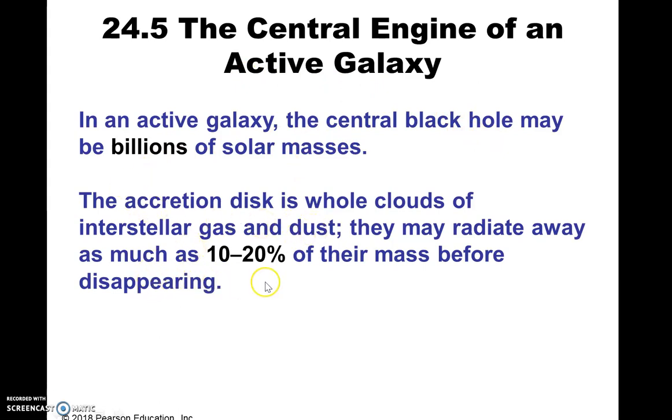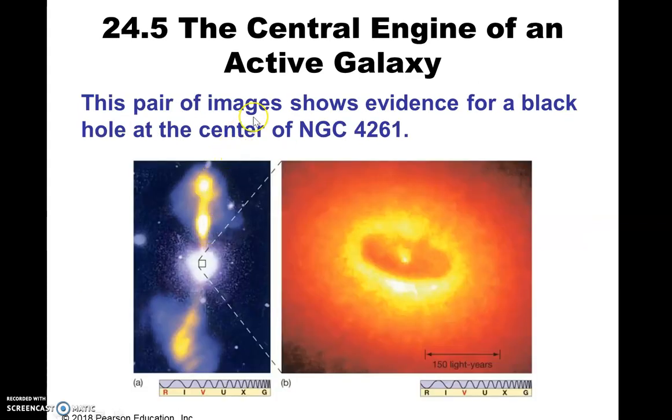So the thing is, anywhere from 10 to 20% of the mass of the accretion disk is radiated back out into space before it goes over the event horizon and becomes part of the supermassive black hole. Some of these black holes are taking in something like the mass of the sun per year.